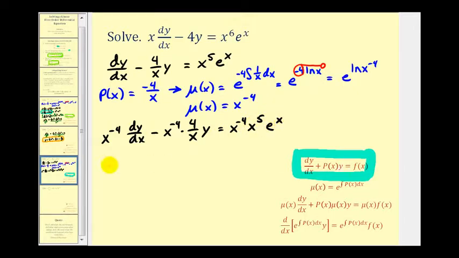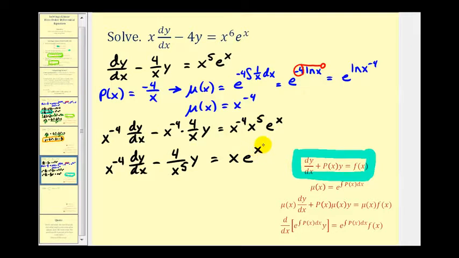Let's go ahead and simplify this. X to the negative 4 dy dx minus, now here if we move this down to the denominator, it would be x to the fourth. So we'll have 4 all over x to the positive fifth times y must equal, here we'll add the exponents because we're multiplying. That would just be x e to the x.